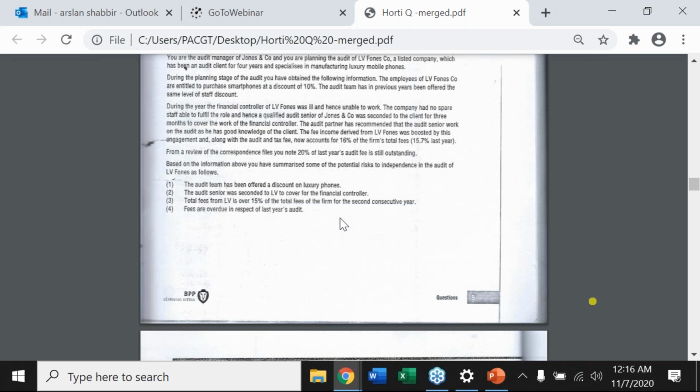The same thing you can apply on the familiarity threat, on a personal relation. Suppose a junior in the audit team has a relation with the client, do you think that type of relation impacts the audit report?